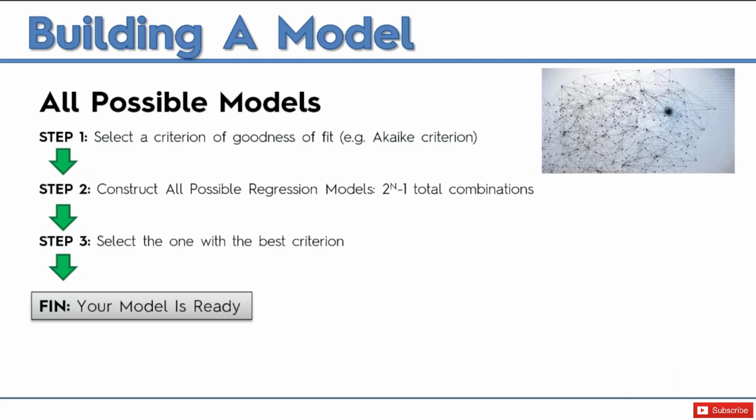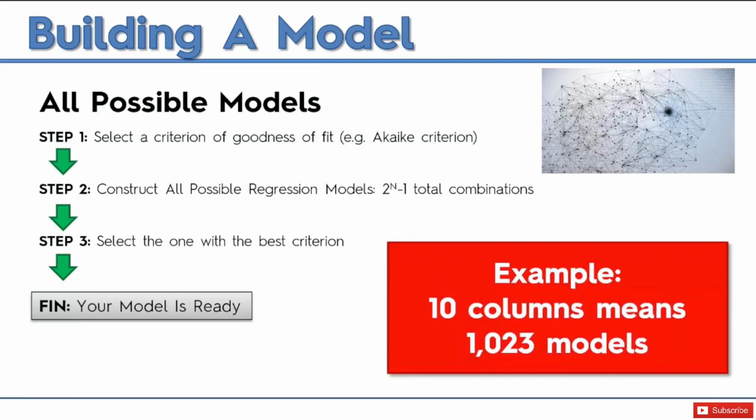So sounds easy, but let's have a look at an example. Even if you have 10 columns in your data, you'll have 1,023 models. That's an insane amount of models. And we're not talking about columns that you've already filtered out, like in our example, where you might have 5 or 6 columns. No, we're talking about when you get a data set that is pretty much raw and has maybe 100 columns.